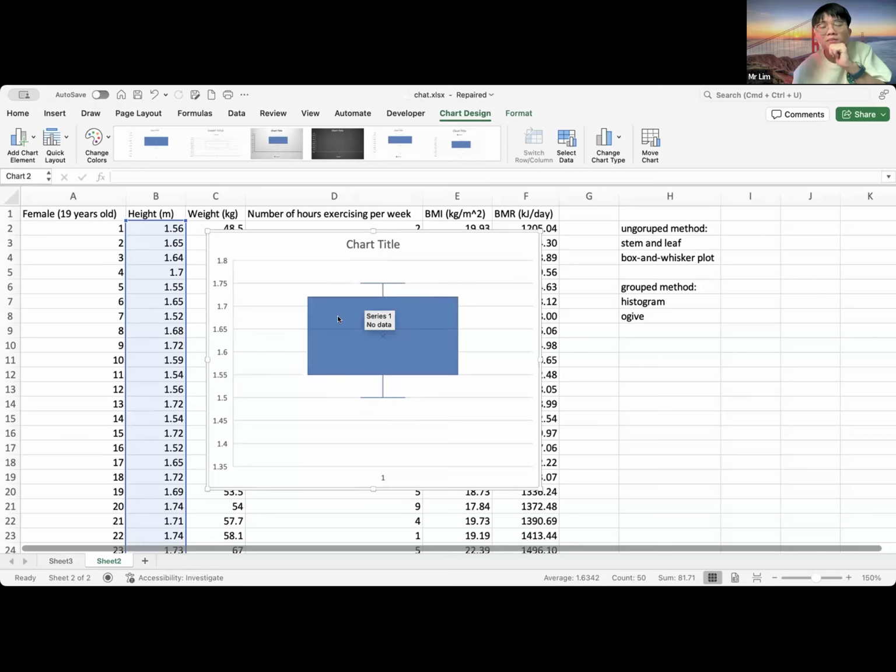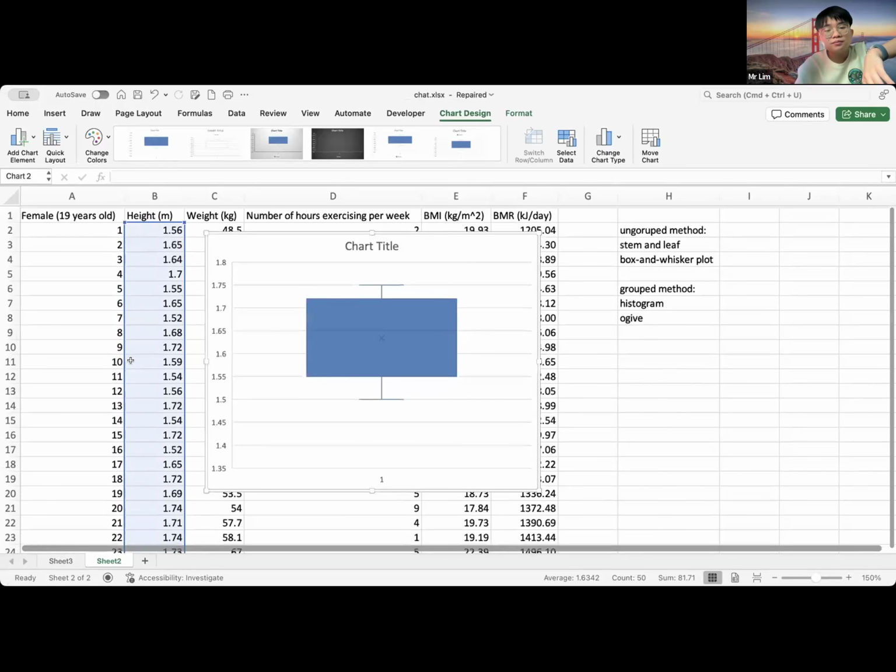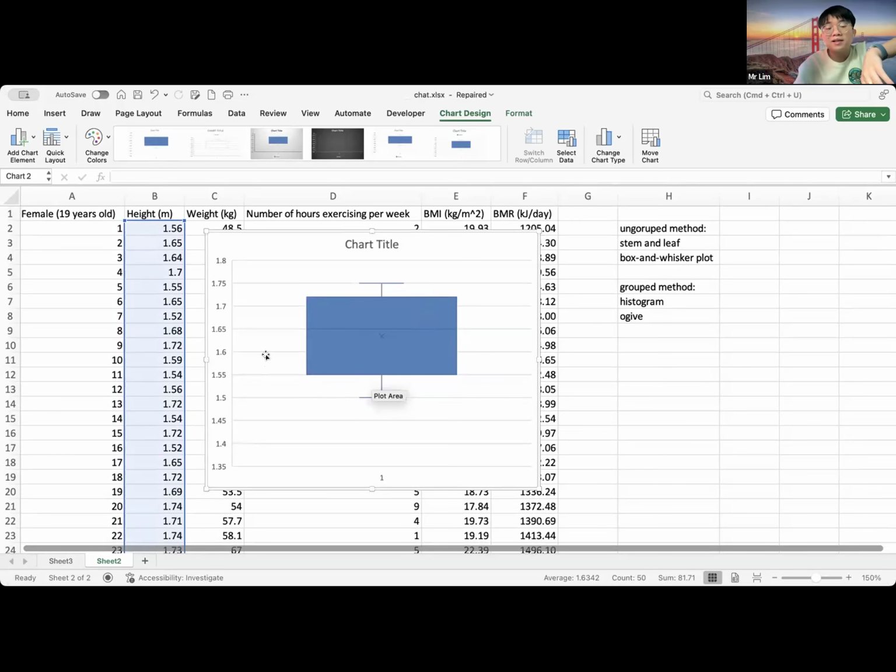This is our box, but normally you do a horizontal one, so this is a vertical one. This is what we call the maximum, the upper fence. This is the minimum, the lower fence, and from what I can see here, it doesn't have data that is out of the range. I mean out of the fence.